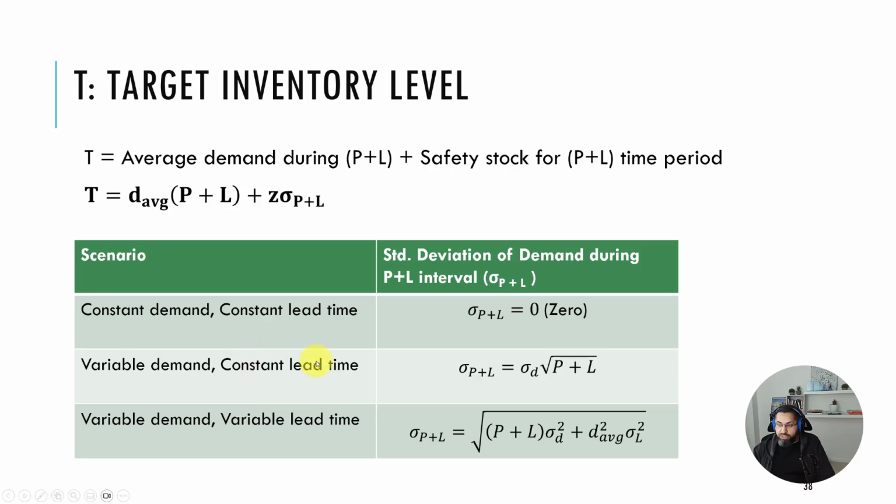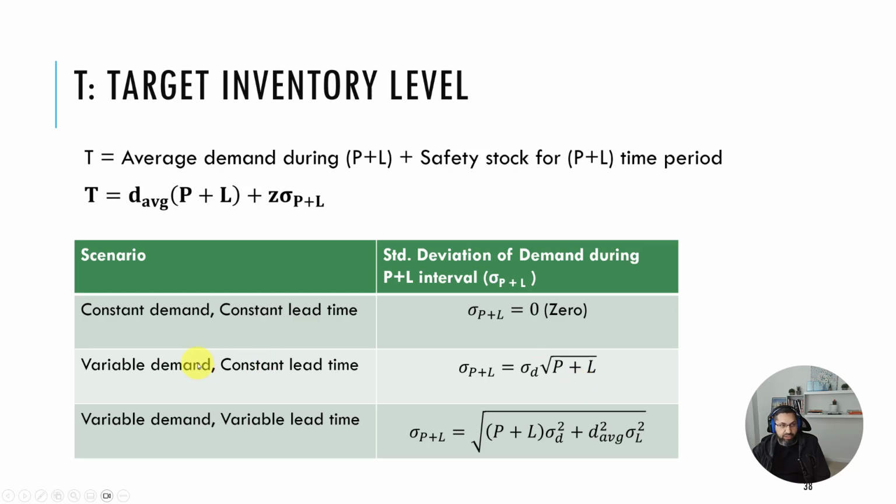If you have variable demand but a constant lead time, then we have a formula that is standard deviation of demand times square root of P plus L. This is very similar to the formula in the QR system if you set P equal to 0, because standard deviation of demand times square root of L was the formula in the QR system. So the only thing that changed is instead of L, we put in P plus L under the square root. Now, if both lead time and demand are variable, and how would you know that?